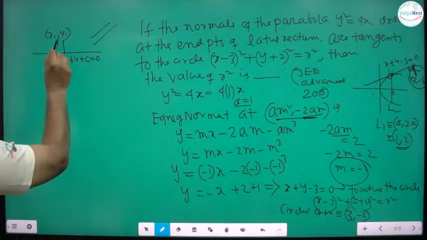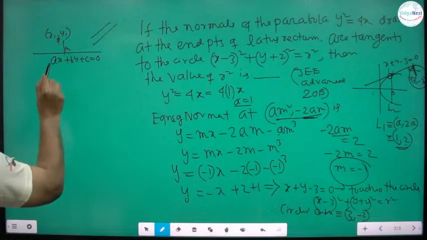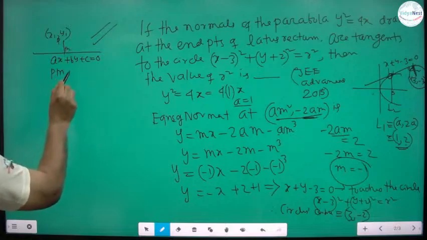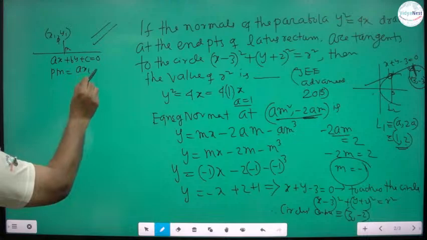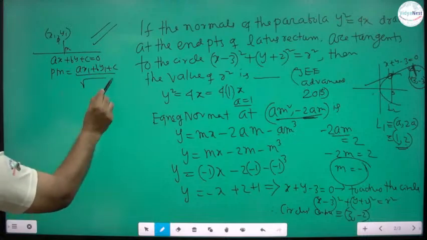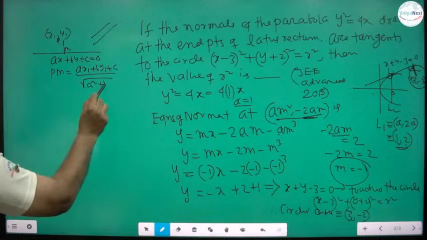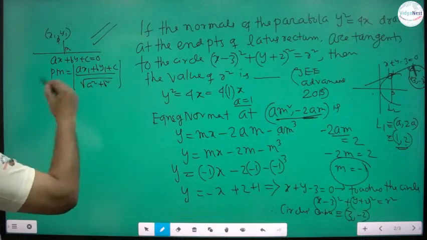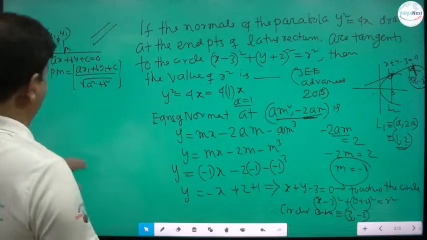What is the perpendicular distance? It is a basic level, board level property. Not at all tough. So that will be used in this sum.